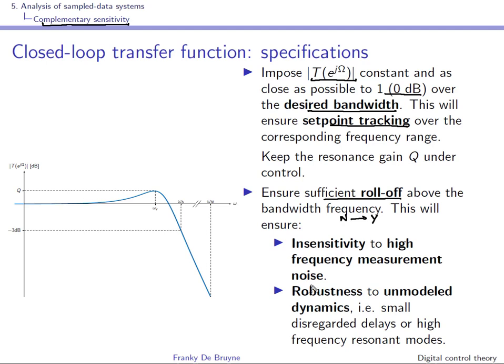So we will not push the desired bandwidth too far, so that in reality we will not excite the unmodeled dynamics, and this will need a sufficient roll-off above the bandwidth frequency.